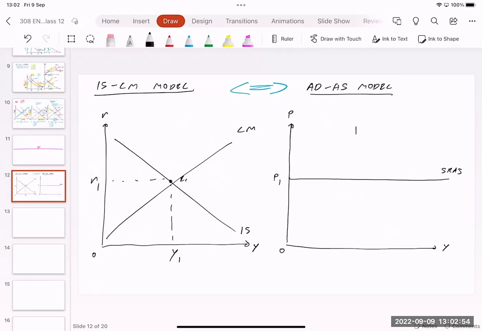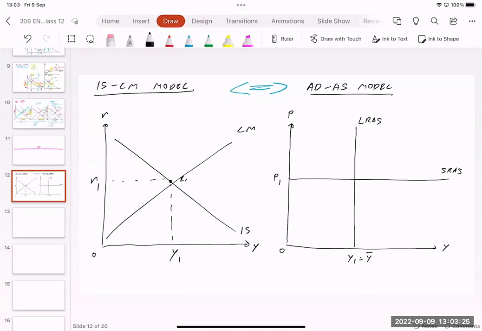In the long run, we have a vertical curve, LRAS. In the long run, we assume that firms can change the price to any level they want. So in the long run we have flexible prices, and the GDP Y1 is equal to Y bar. Y bar means the GDP at the full employment level. We assume that in the long run, firms produce at the best point of the economy, the point where everyone gets a job.